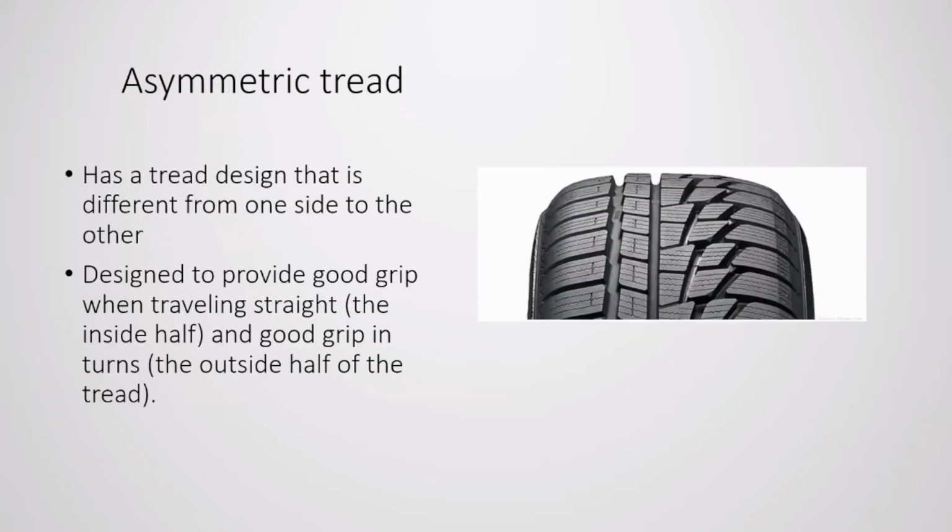But in asymmetric treads, we have different traction levels, right? So why is this designed with two tread patterns on both sides? One side is designed to improve traction while we drive in a straight line, right? And the other side is designed to improve traction once we take turns, right?